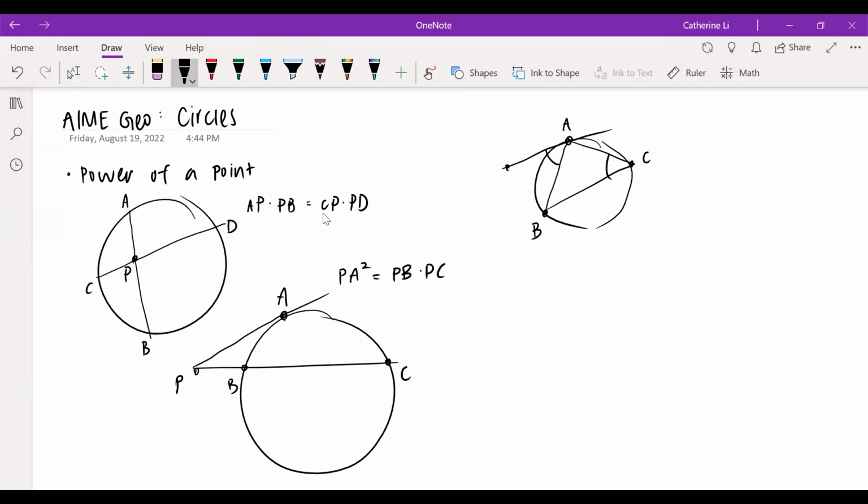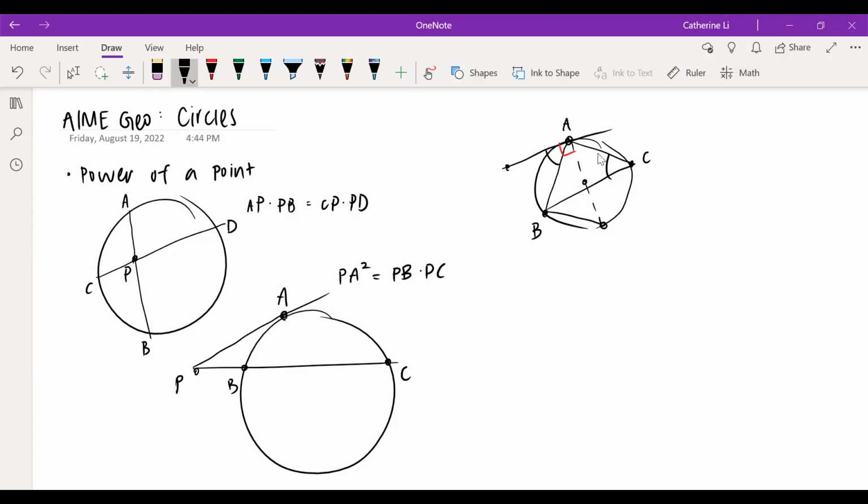And the reason for this is if we draw this line such that we have a right angle here, then this fact is actually much more obvious because this dotted line is going to go through the center of the circle and it's going to be a diameter.